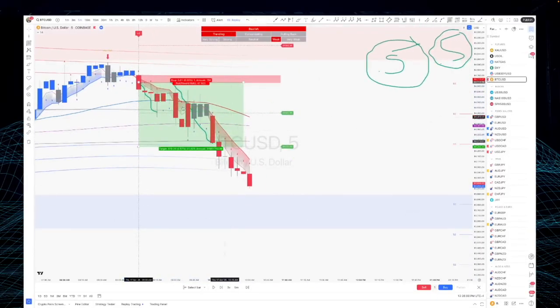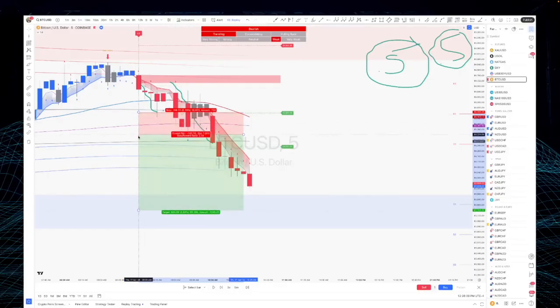Now, if it goes all the way down to TP2, you move your stop loss to TP1, and then you move your TP to TP2. If it keeps going past TP2 and you want to keep riding it down, you move it further to the next key zone, and then you move your stop loss to TP2.